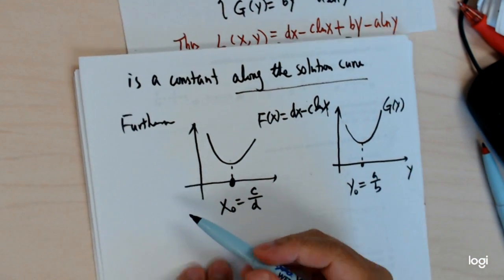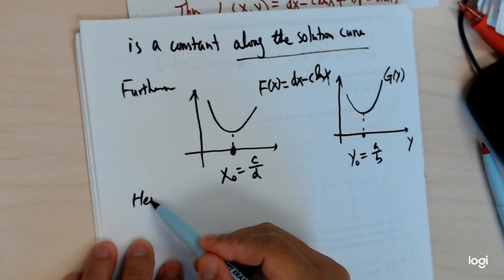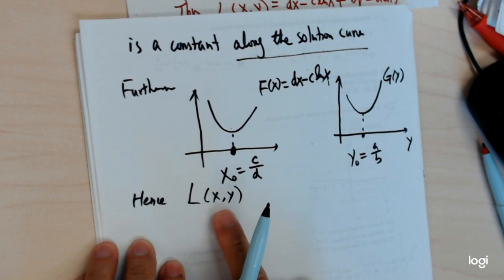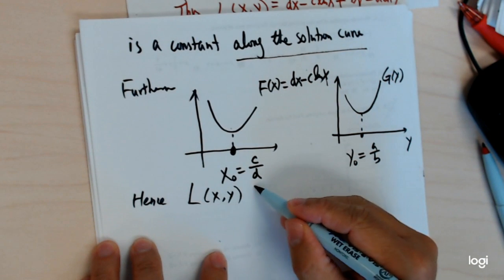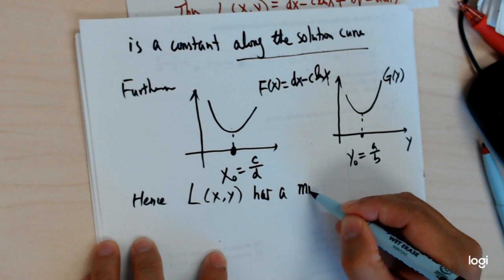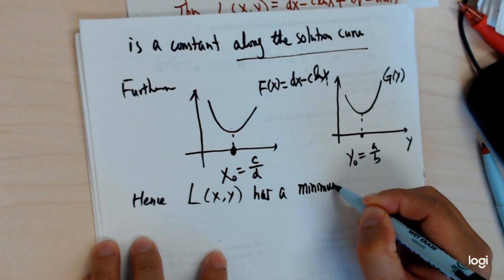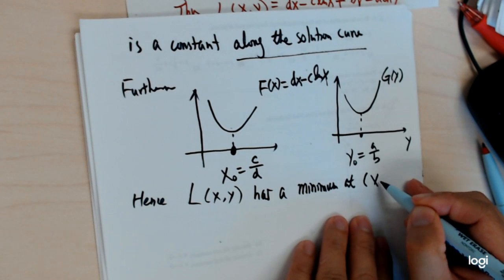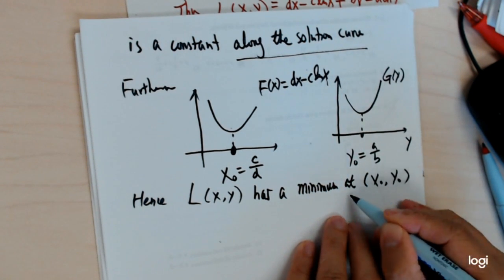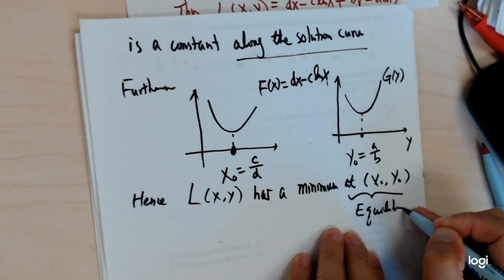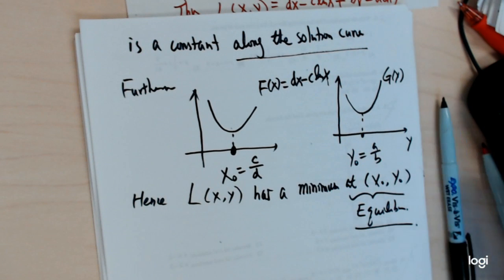So our conclusion is this Lyapunov function has a minimum at the equilibrium point.